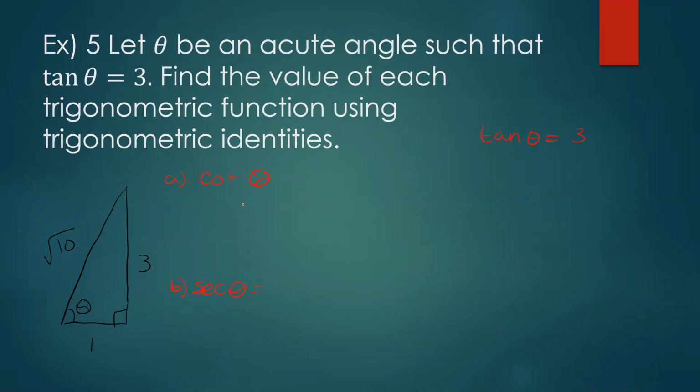So part A asks for cotangent theta. Remember, cotangent is pretty much the reciprocal. Cotangent theta is x over y, or just the reciprocal of tan theta. So this one's simple because all you've got to do is flip the 3 over 1, which is going to be 1 over 3, right?